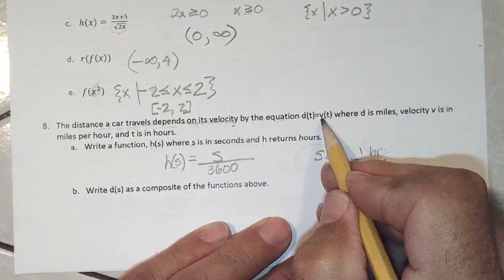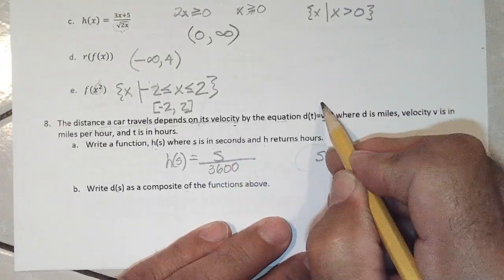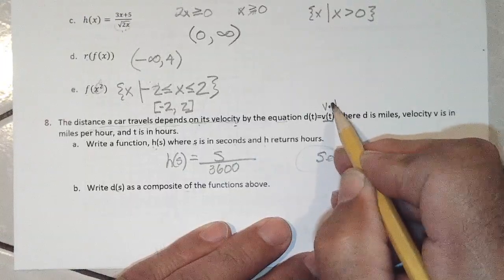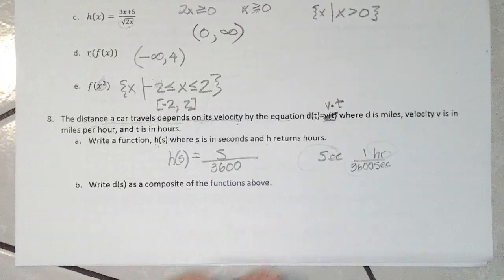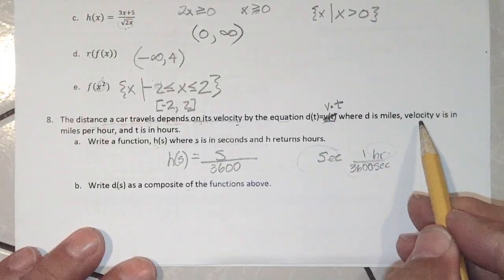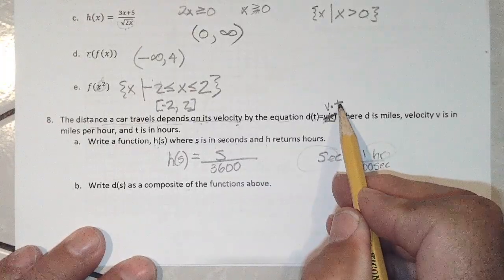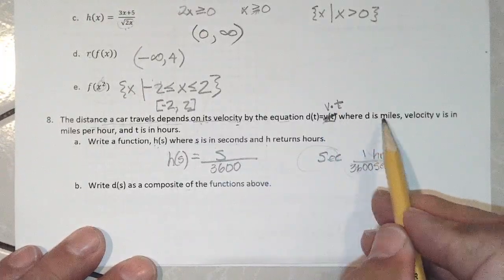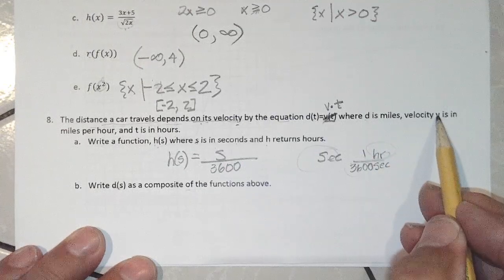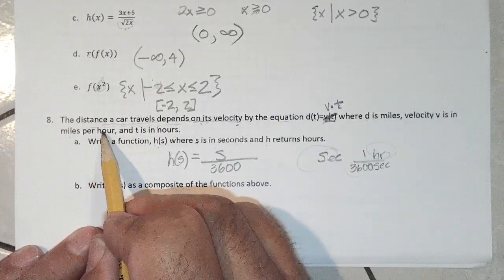This is confusing. It should be velocity times time, how fast you're going times how much time you go, where d is in miles and velocity is in miles per hour.